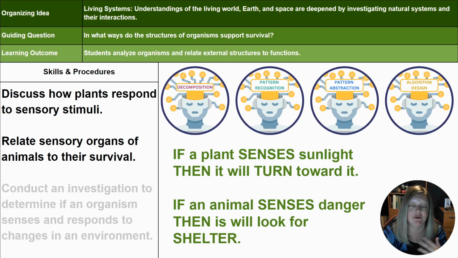And in that, you can make a connection that machines really imitate living things, and how those sensors function in the same way that, say, our eyes see, the cameras on a robot have that same function, and it's created in replication of our sensory organs or the parts of plants that are sensory. So that's an extra connection that you can make there as well.